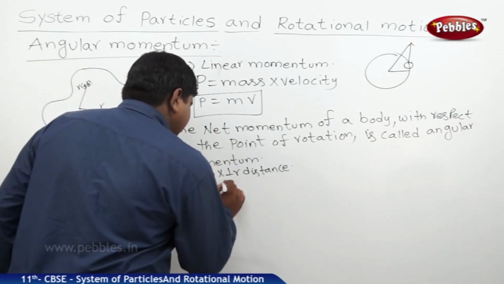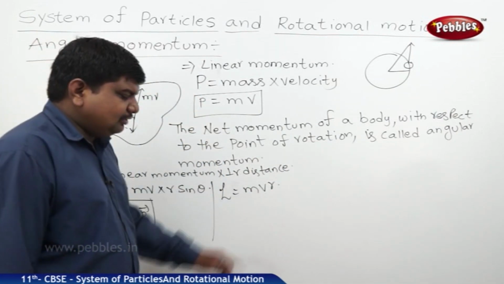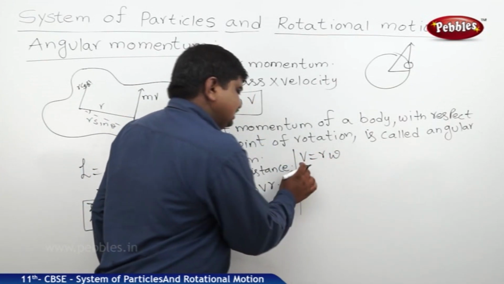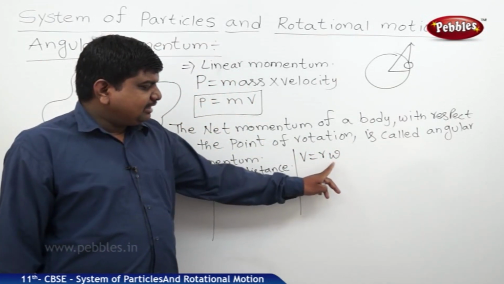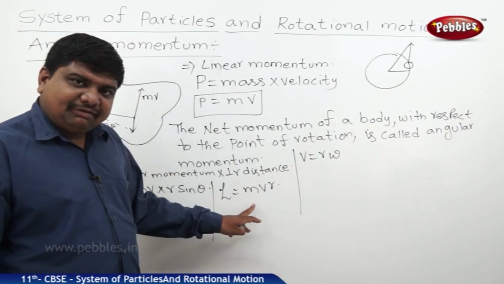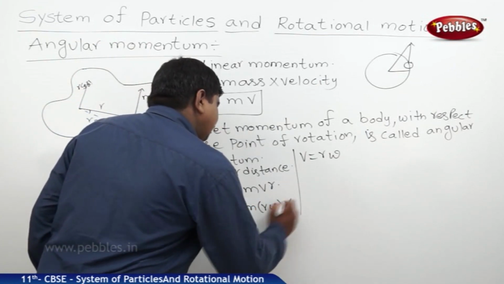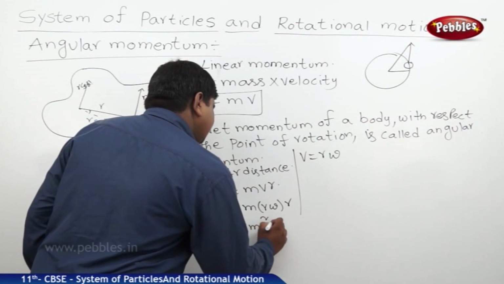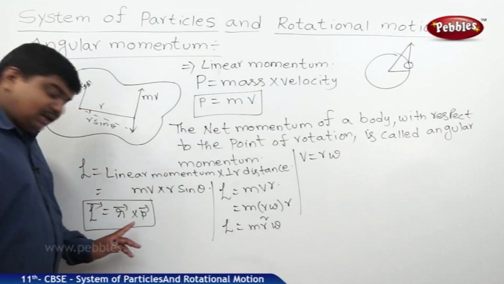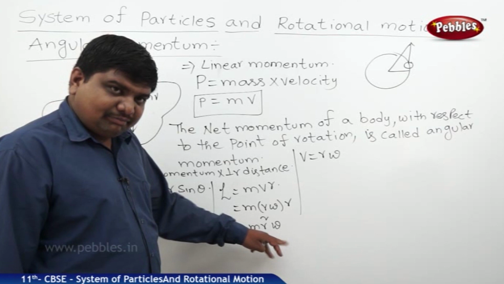So we can write L is equal to mvr, where v is linear velocity, but v is equal to r omega. That means linear velocity is equal to position vector into angular velocity. Now I am substituting this v value in the equation of L. Therefore m into r omega into r, therefore it is mr square omega also. So the first expression in vector form is r bar cross p bar, second expression is mvr, third expression is mr square omega.